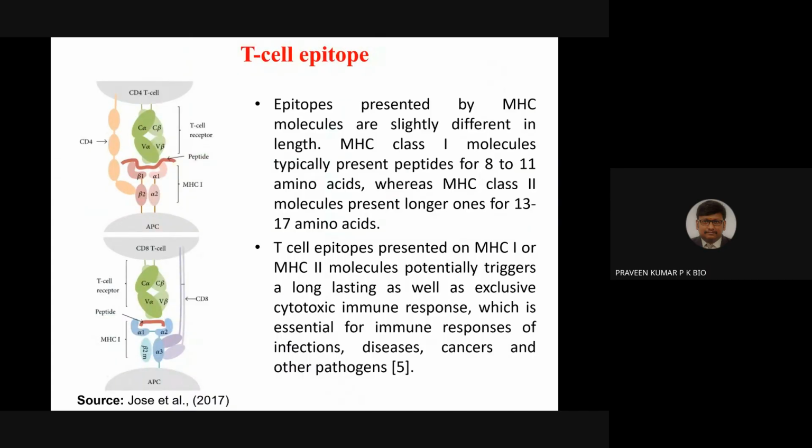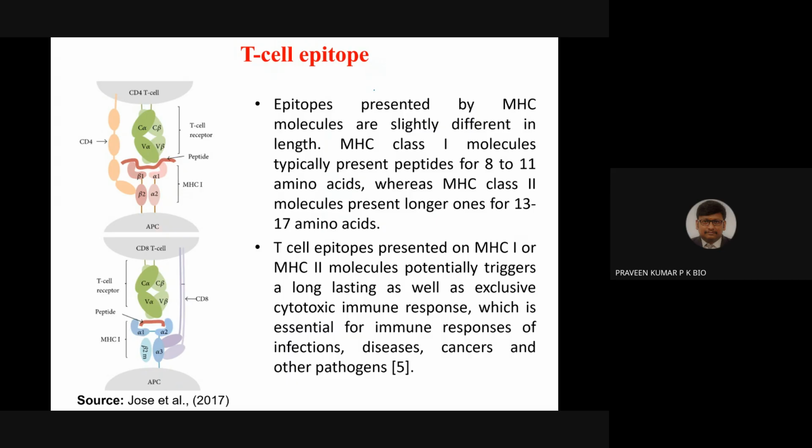So we are discussing specifically this reverse vaccinology, whose product is nothing but peptides from the viral or bacterial sources, whatever we want to develop a vaccine for. Now, let me take you to the T cell epitope.